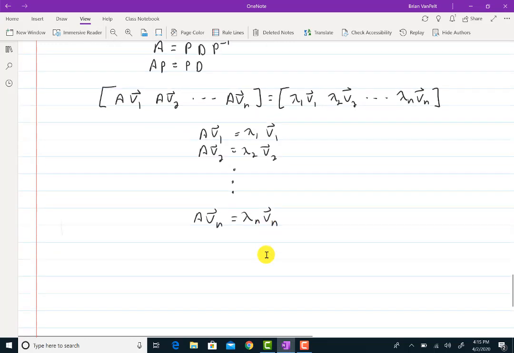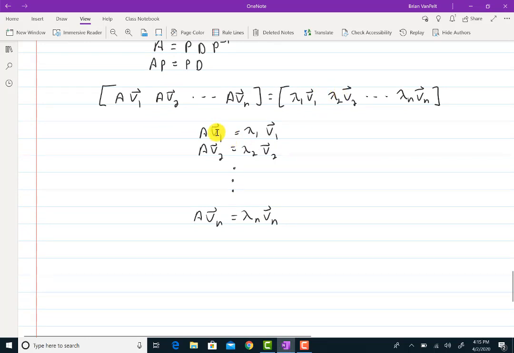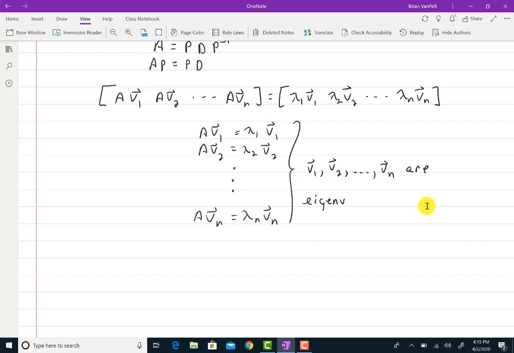And what does it tell you? This means then that v1, v2, up to vn are eigenvectors by definition. None of them are zero, as I mentioned, because of that invertible matrix. And this is the definition of what we need for an eigenvalue, or an eigenvector eigenvalue combo. So why do we know they're n linearly independent?